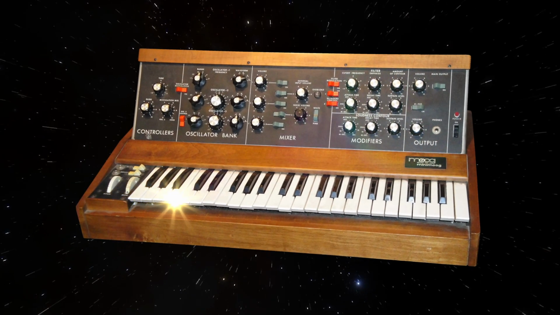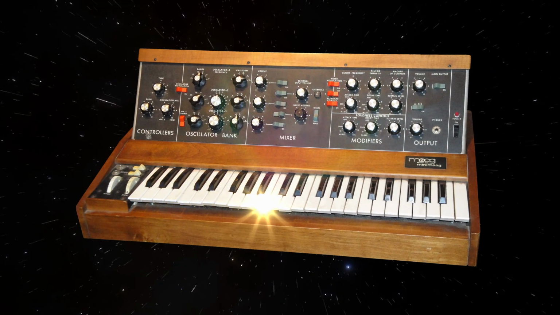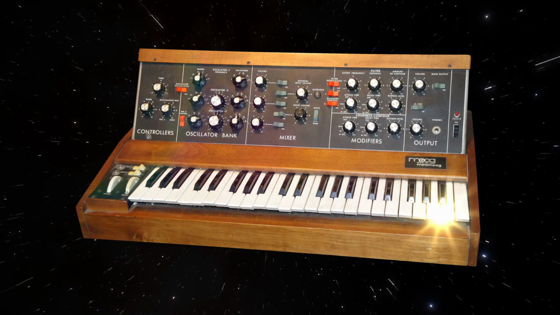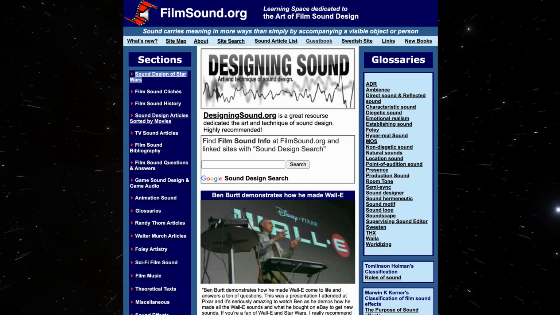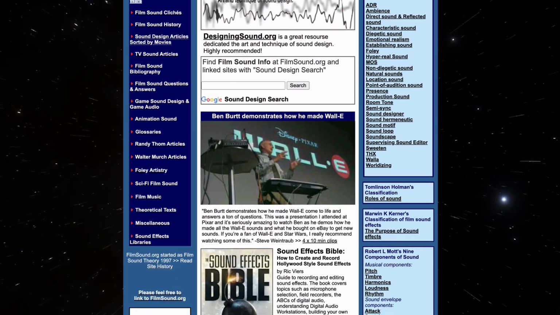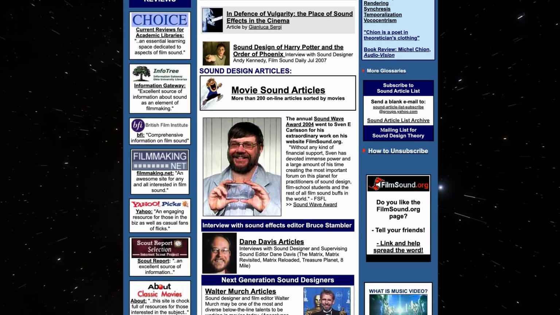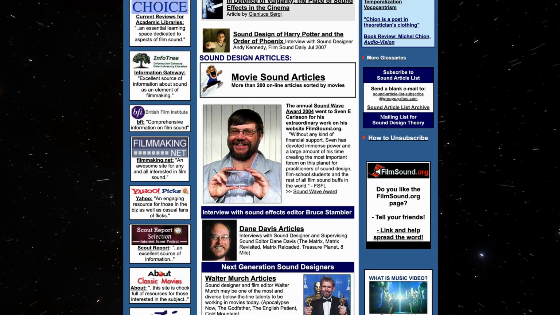And of course, don't forget about the Minimoog, which at that time was so popular and used during the sound design production for Star Wars. Digging on internet, I found a super old website about movies and sound effects, full of really interesting articles.